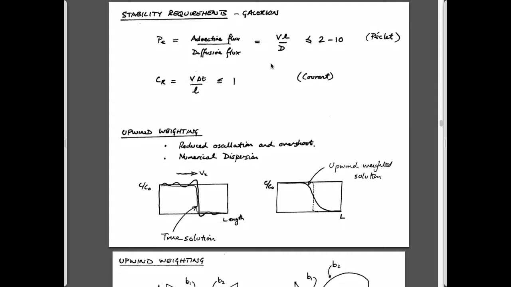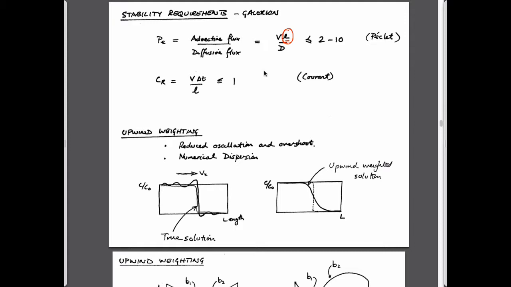And so there are a couple of solutions that we can invoke. One would be to make the Peclet number smaller by using lots of elements. And maybe we'll do an example today to see if we can show that working. So that's certainly one solution. You just change your mesh to get below this threshold, and then you can use the solutions that we've talked about, these Galerkin elements.